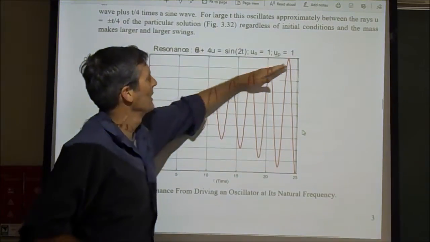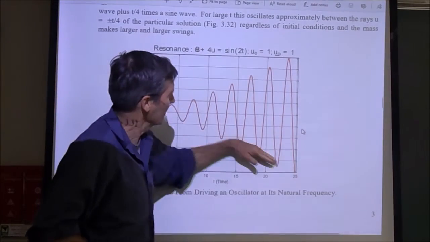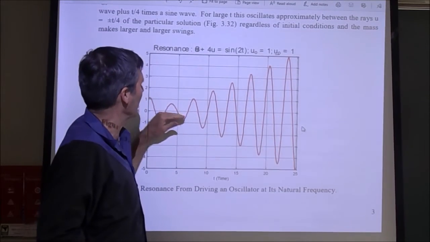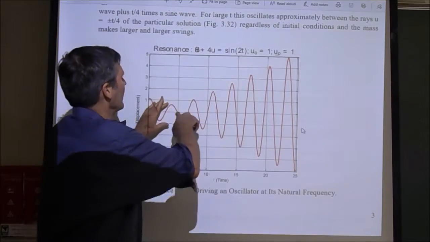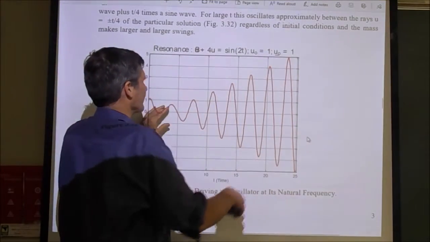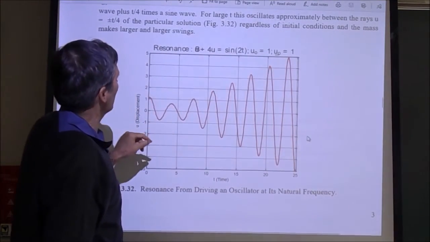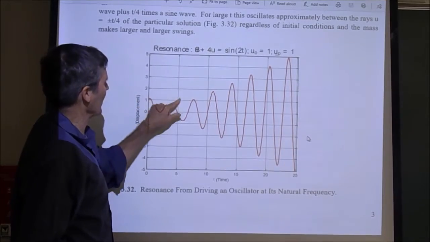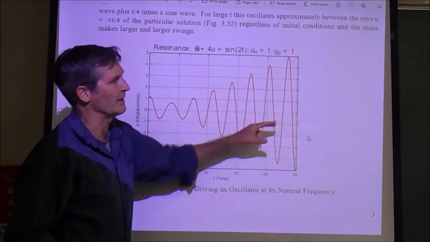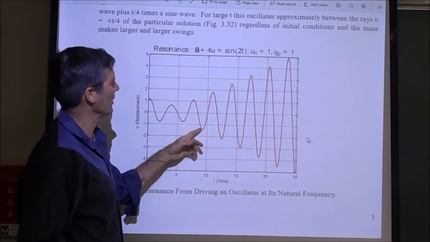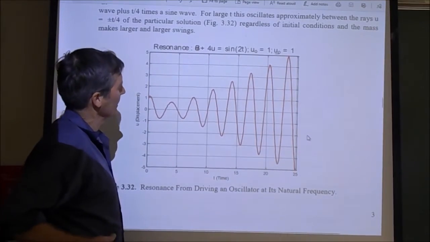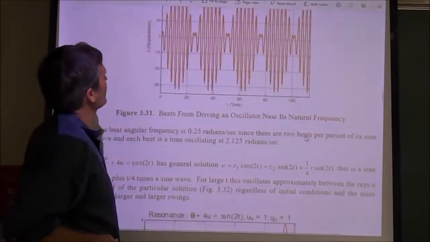Here's the t motion: you're taking a sine wave times t to create that. And then on top of that, there's an additional sine wave that's just going like this. It's hard to see down here because it starts getting overwhelmed by the particular solution.